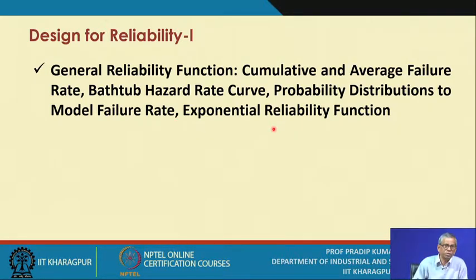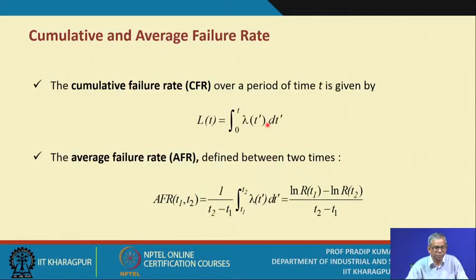Specifically, I will be discussing details about the exponential reliability function. There could be many other types of reliability functions, but the exponential reliability function is very common, and many a time we refer to this one for modeling reliability. That is why we will be discussing it in detail.